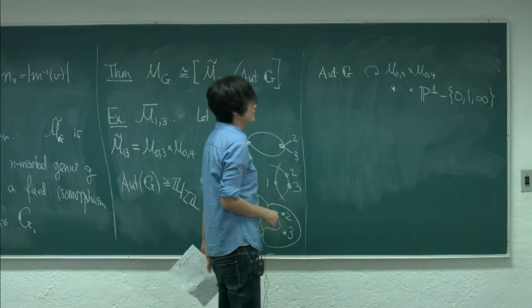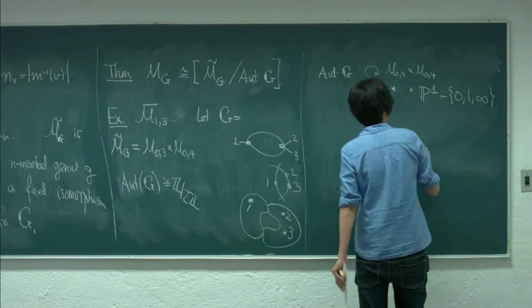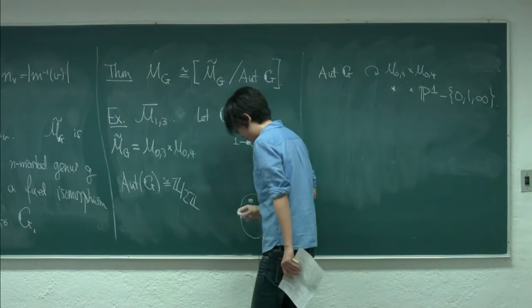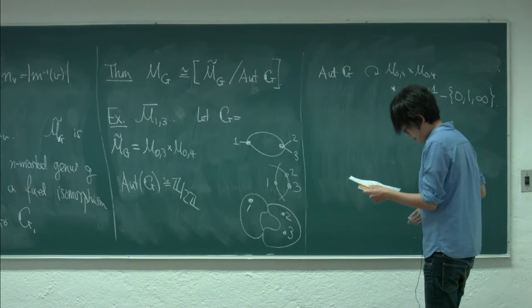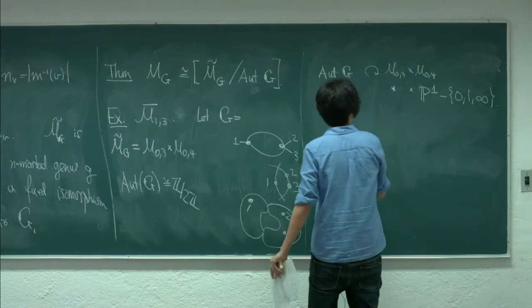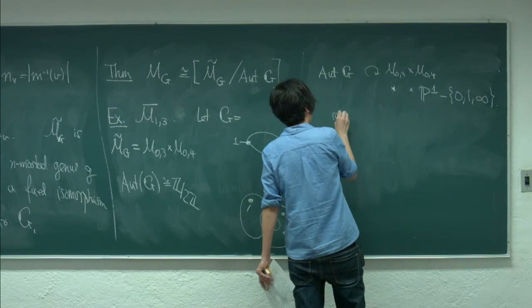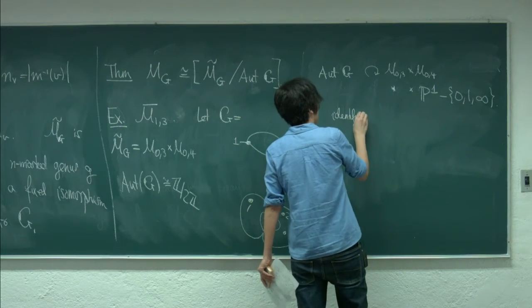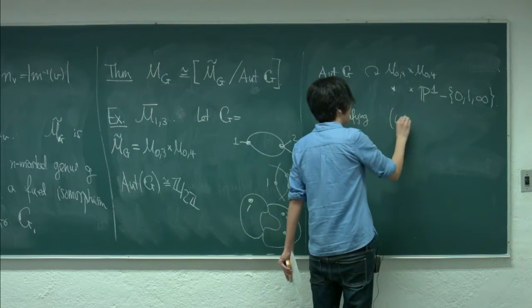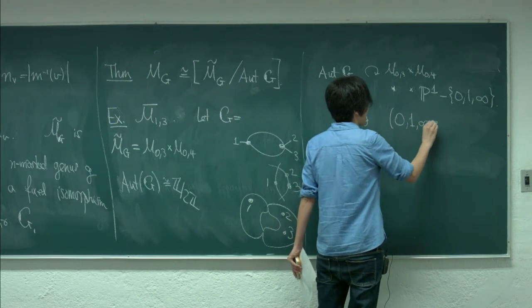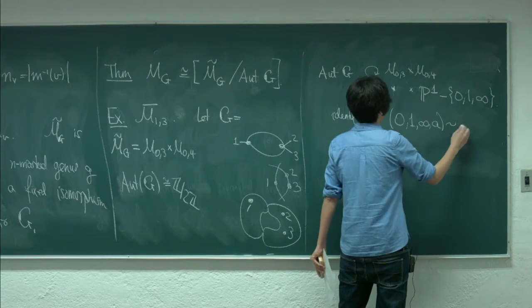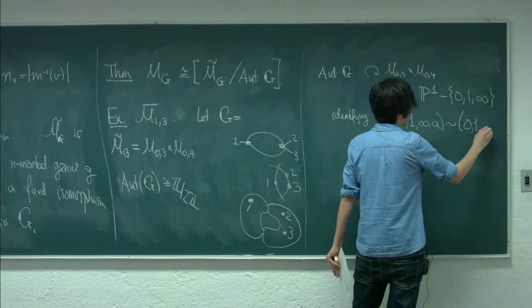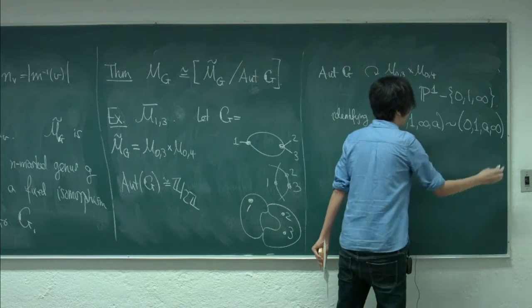Okay, and the automorphism is the one that says, let's see, that we'd like to identify the ordered collection of points 0, 1, infinity, A, where A is some parameter for this space, with 0, 1, A, infinity.